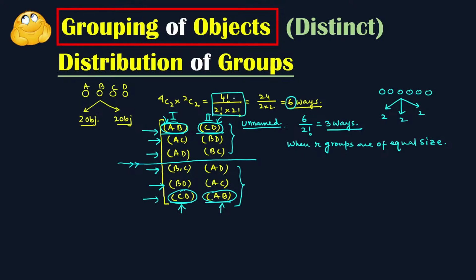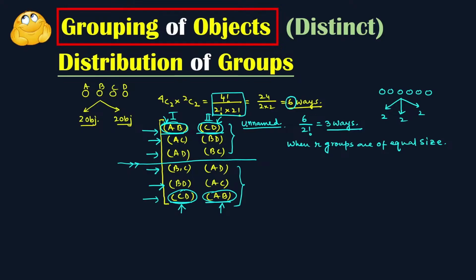It was what? Factorial 4 divided by factorial 2, factorial 2. See, the same thing I have already applied when the group size was unequal. So total 4 objects were there. So I will write that thing as factorial 4 divided by factorial 2 into factorial 2.